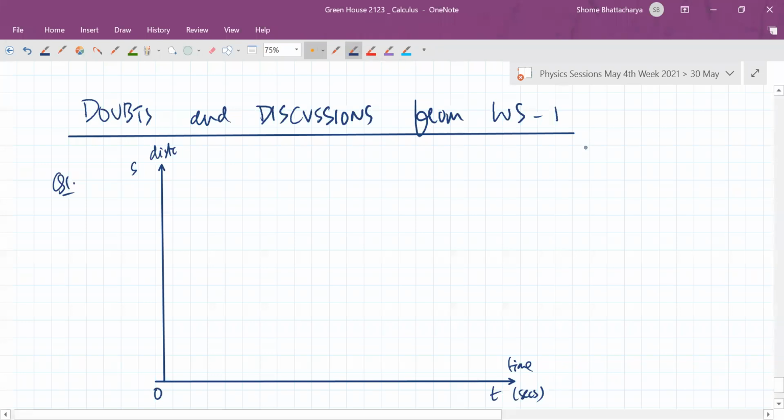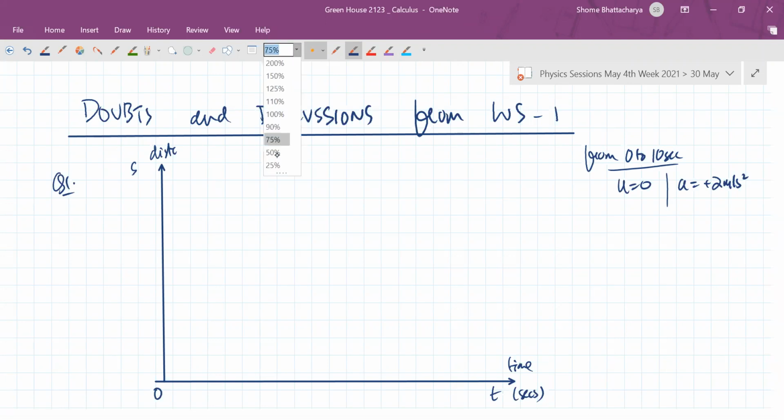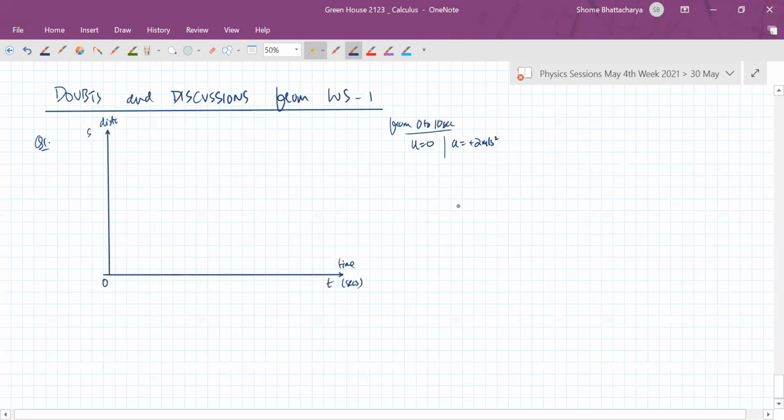So from 0 to 10 seconds, our initial velocity was 0, but our acceleration was plus 2 meters per second square. So what will our distance versus time graph look like? Should it look like a straight line or should it look like a curve? What is happening to speed? It should be curved, no?